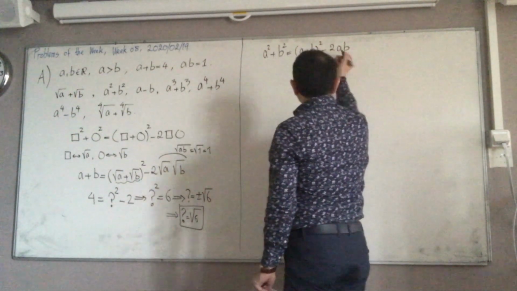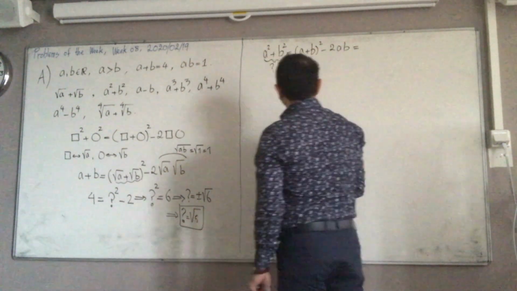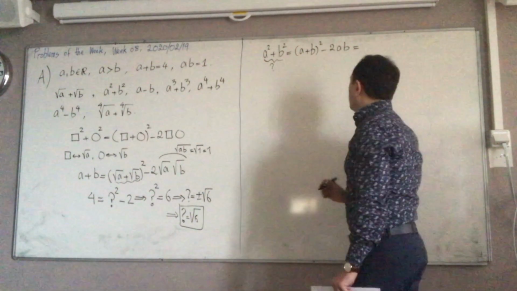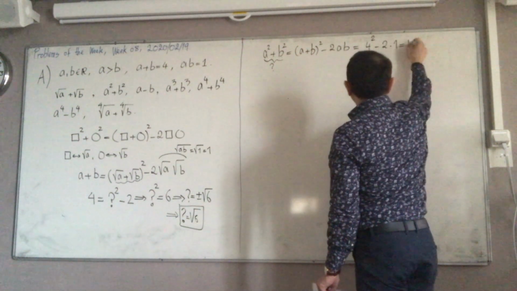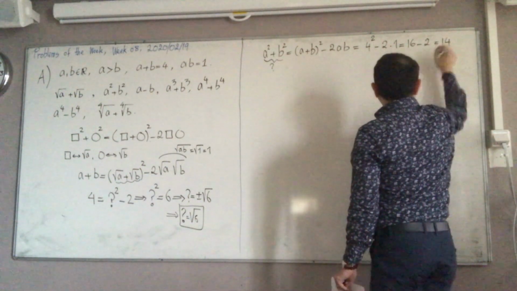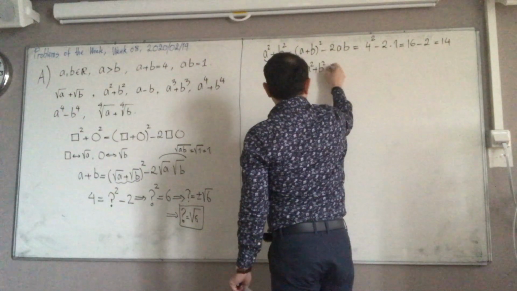It is very easy to calculate, because a plus b is given to be 4 and ab is given to be 1. So this becomes 4 to the 2 minus 2 times 1, which is 16 minus 2, which is 14. So what I got is that a squared plus b squared is 14.